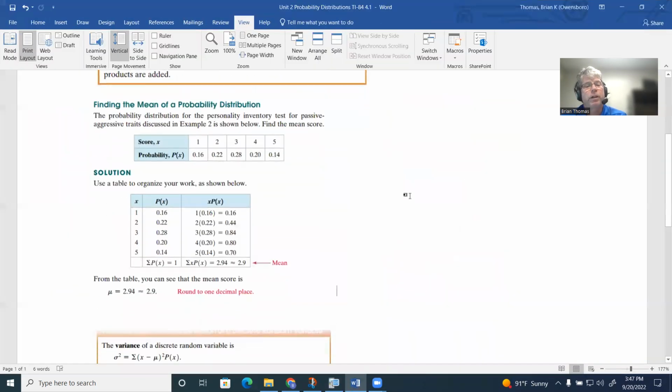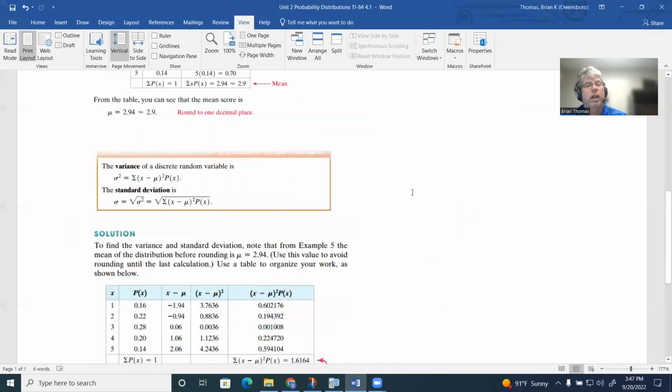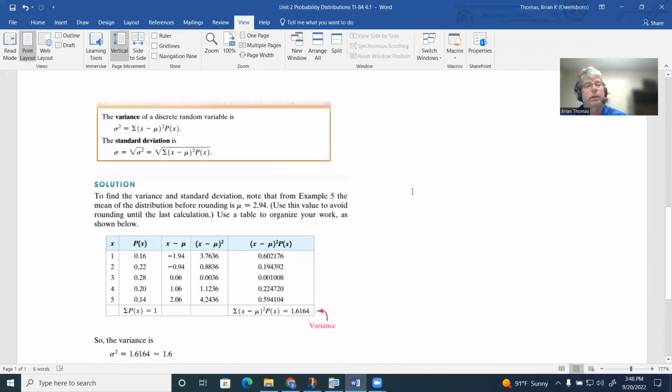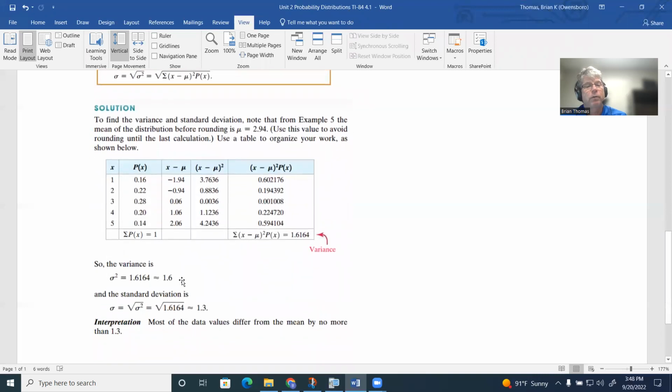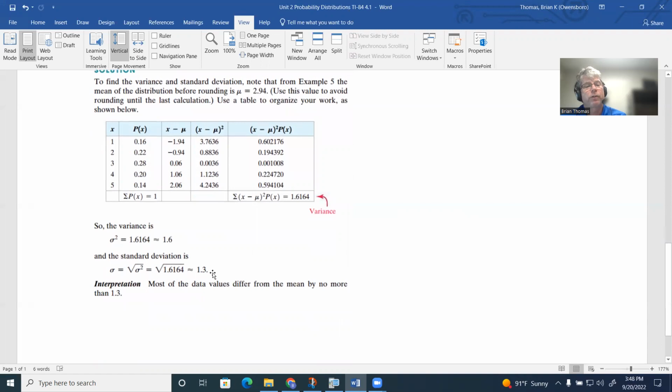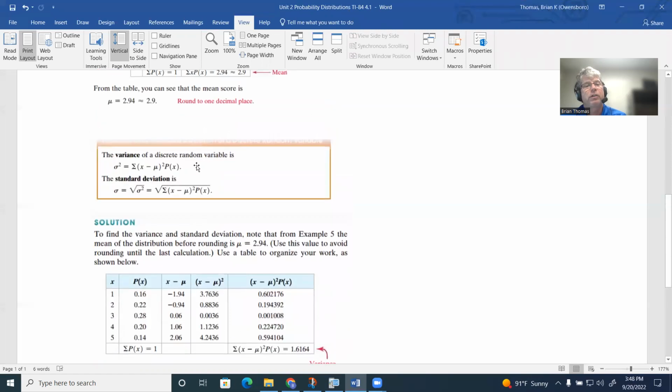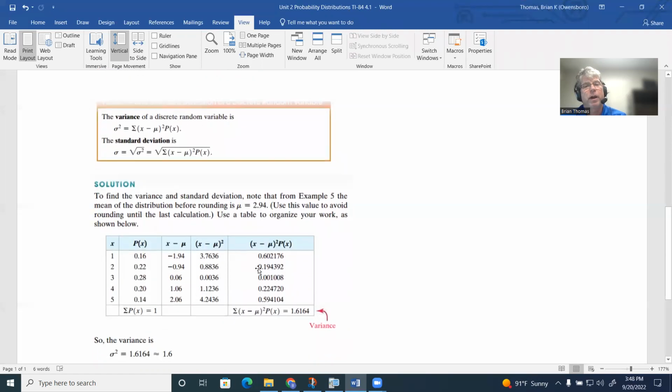Now, the other thing we need to do is find variance and standard deviation. Remember, variance is sigma squared and standard deviation is sigma. Notice down here that they got 1.6 for the variance and 1.3 for the standard deviation, and they did it using the formula and did all the math.